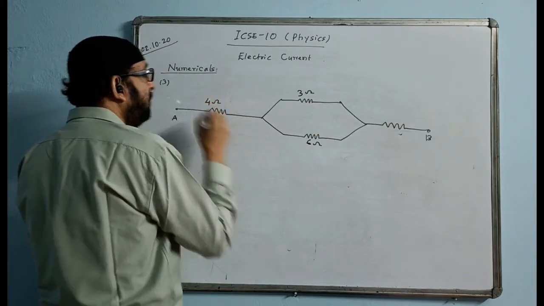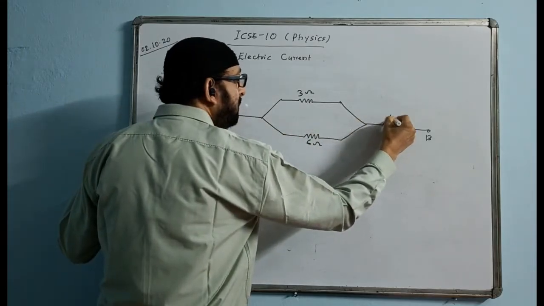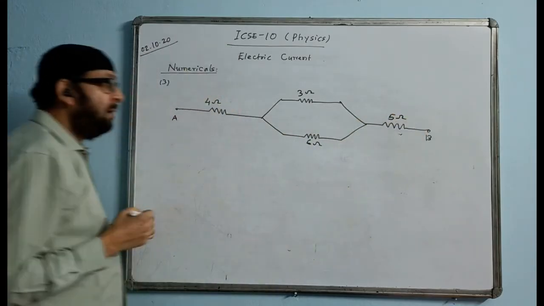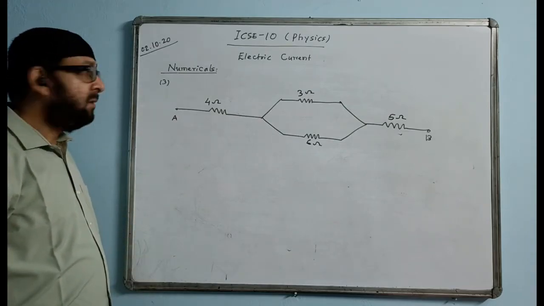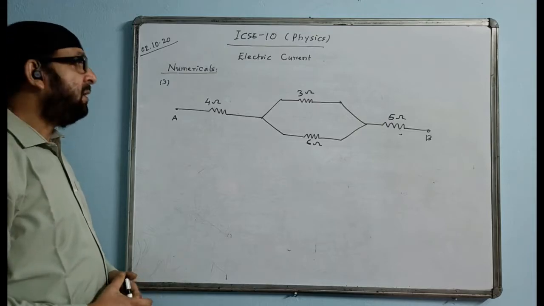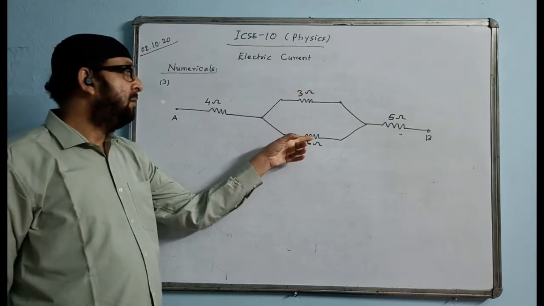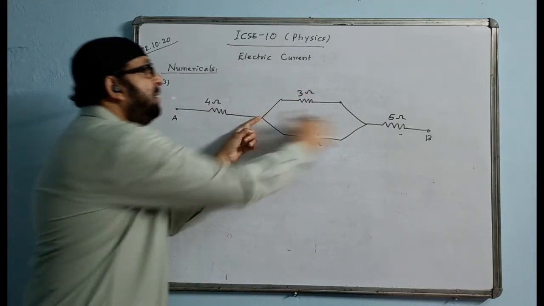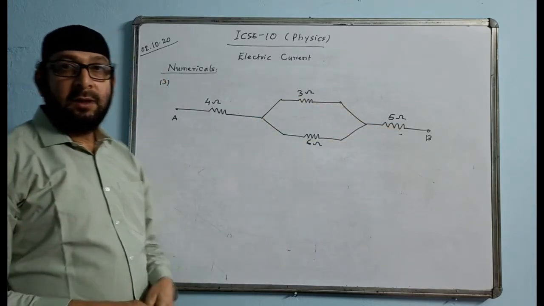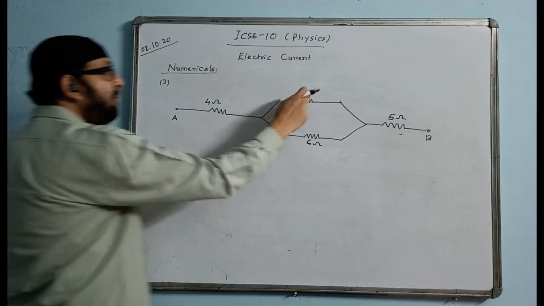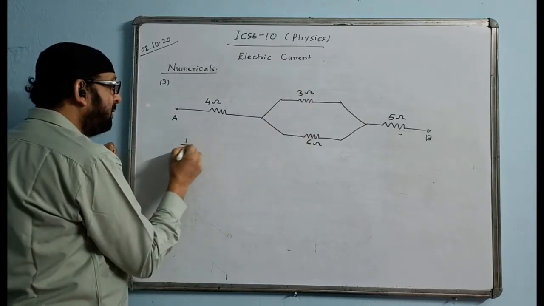Let us take this as 4 ohm, and this one as 5 ohm. Like this. Find the total resistance of this circuit. Here we see these two are in parallel, and this one and this entire thing as a whole, and this thing, they all are in series. So first we will do the parallel one. These two, parallel formula we apply first.